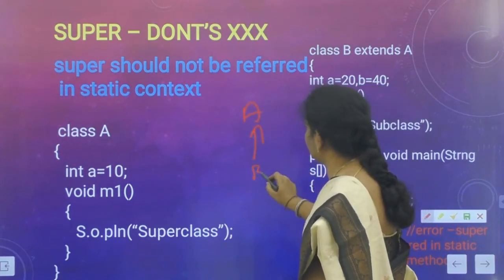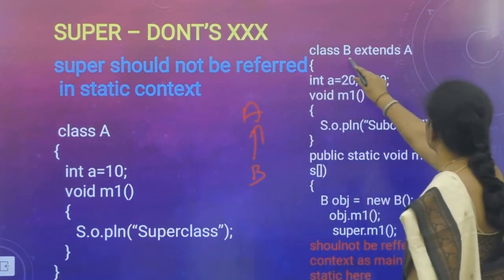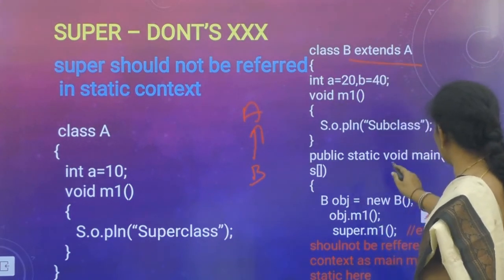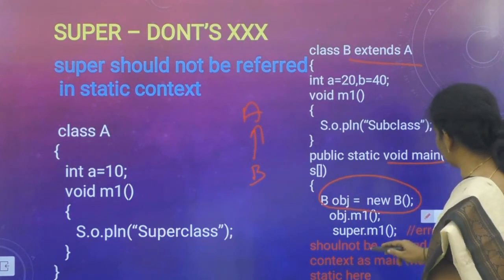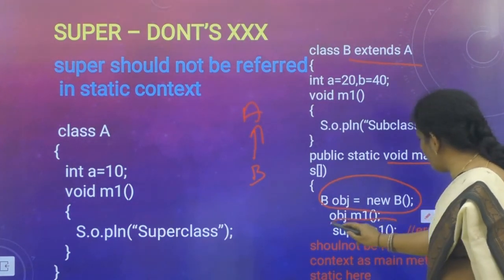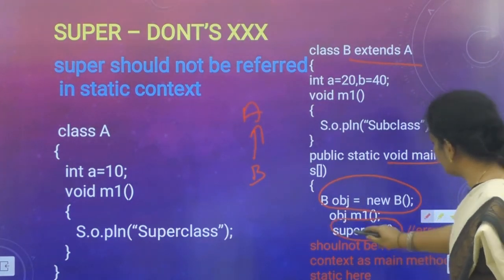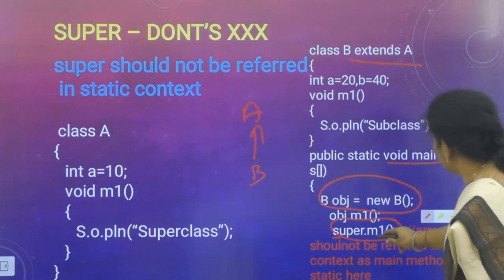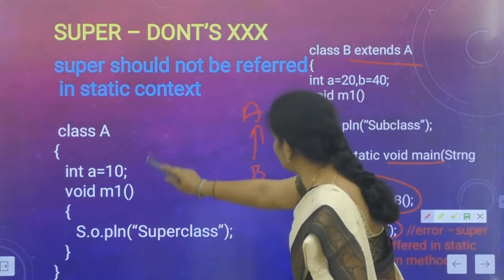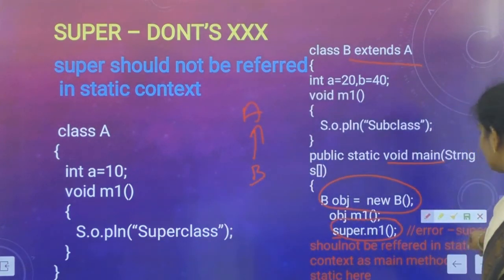Class B is extending class A. Inside class A, I have written one main method. Inside the main method, I have created an object for class B. And here I am trying to call super.m1. See here, this statement, super.m1. I am trying to refer to the superclass m1 here, which is a syntax error.